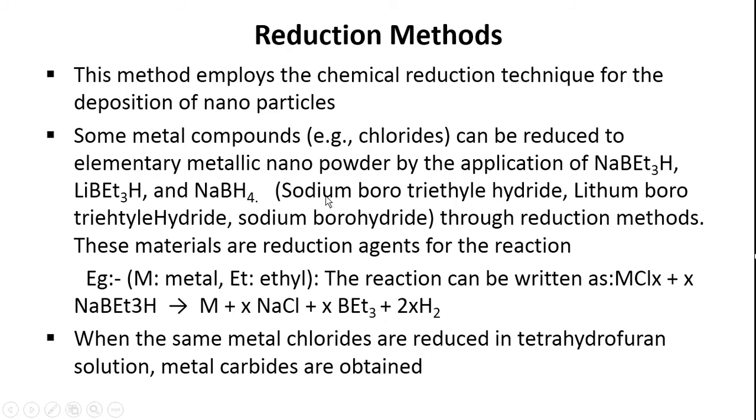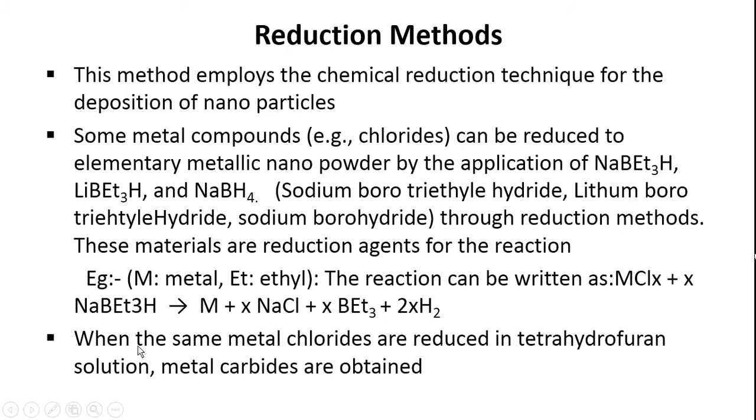If you use magnesium oxide or magnesium chloride in the reaction, that will give magnesium. Or if you use copper oxide in the reaction, that will give out copper, which will be available in nanoform upon the surface of the material over which the deposition has to be done.